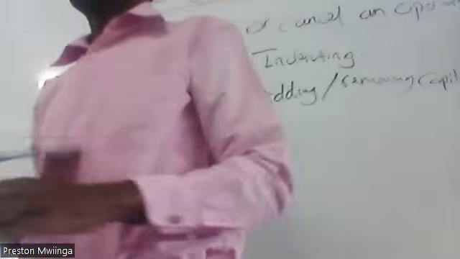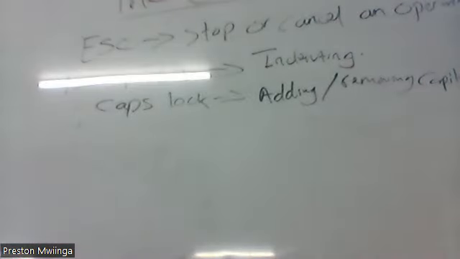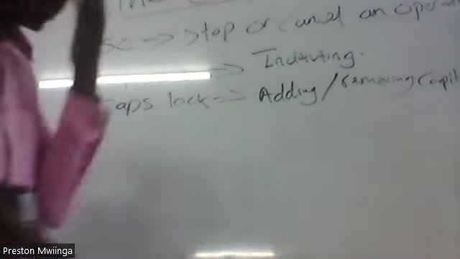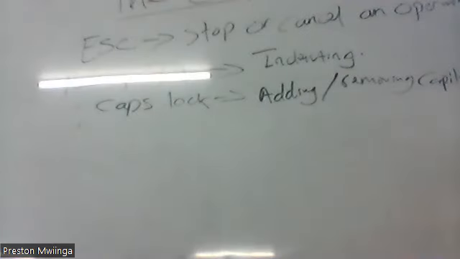Then you know that whatsoever thing that you're going to be typing, it shall be in capital letters. When caps is off, it simply means you will be typing in small letters. So basically, that is what caps lock will be able to do. Are we okay?